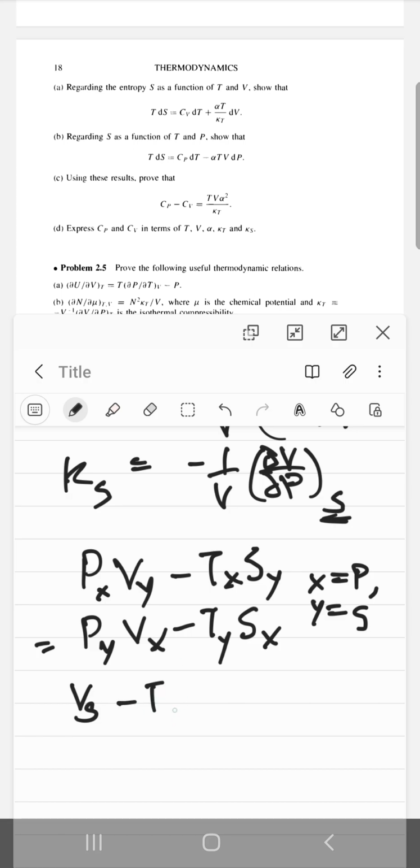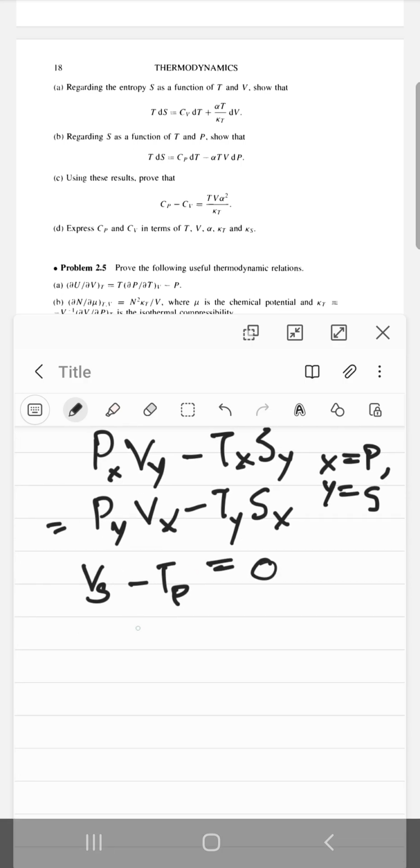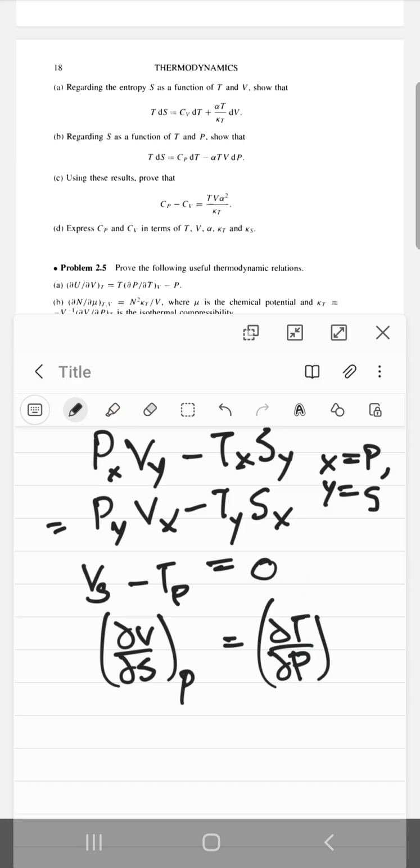So minus t sub p, and that's equal to, so this whole thing is 0. So you just have this term at constant pressure, which is equal to partial T by partial P at constant entropy.